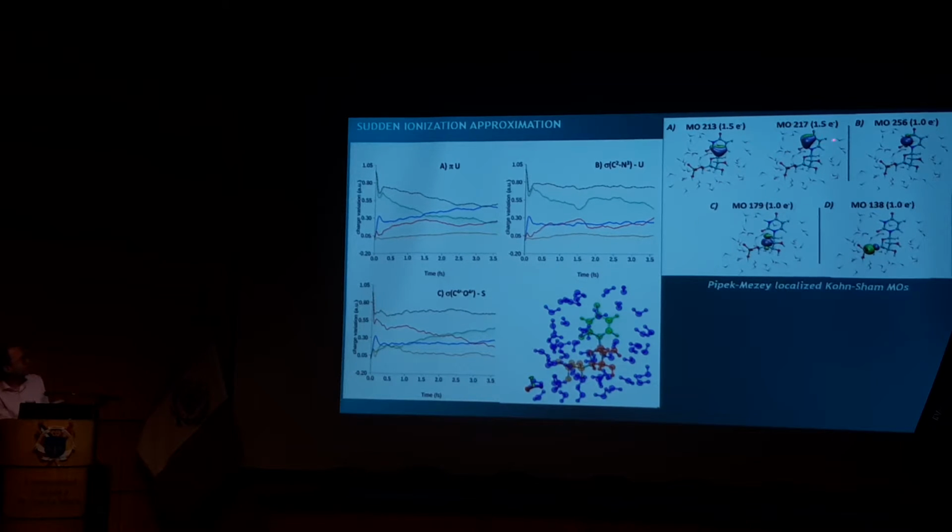We selected various MOs from the system, localized here on the uracil, here on the sugar, and we remove the electrons. So at the beginning we have here a charge of almost 1 on the uracil. But again, we see roughly similar things, so that delocalization between the sugar and the base, but no ionization of the phosphate.